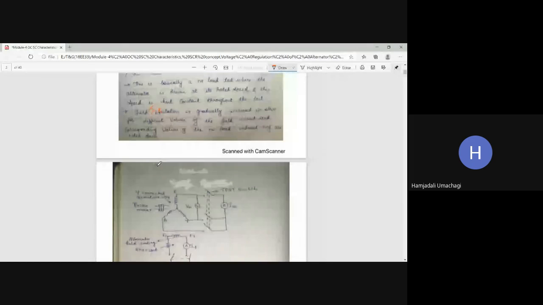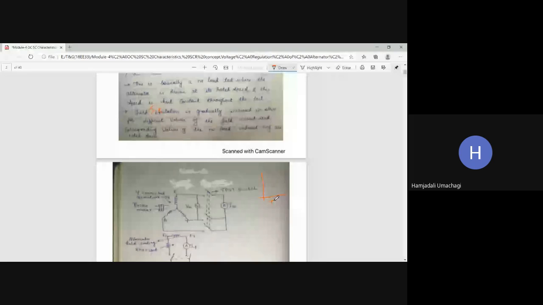So this will give us which curve, OCC curve or ACC curve? For different values of IF, you plot the voltage, so here you will get the OCC curve.